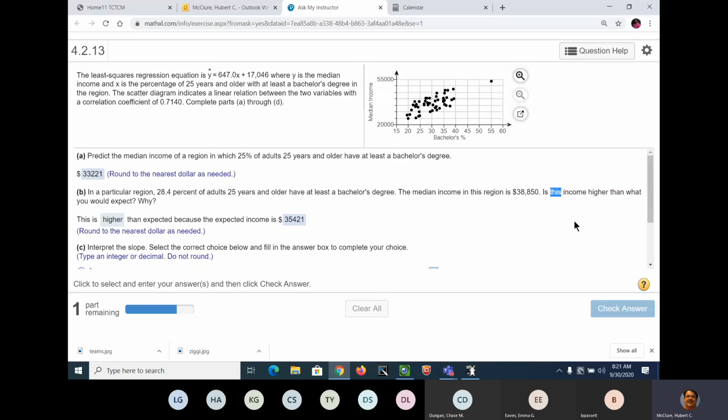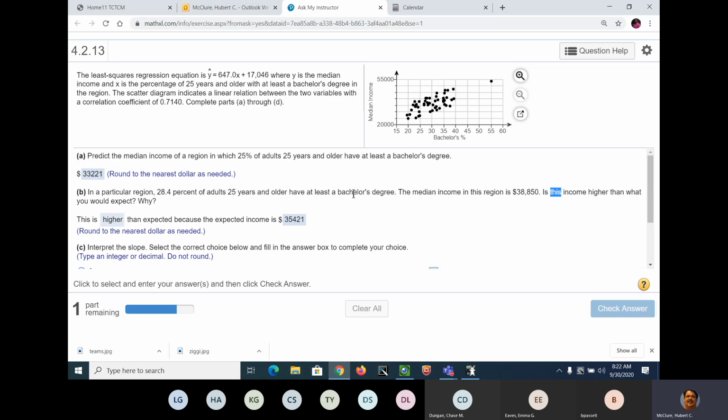That's what you need to put right there. And then you say, this refers to 38,850. 38,850 is higher than expected because what I got was 35,421.